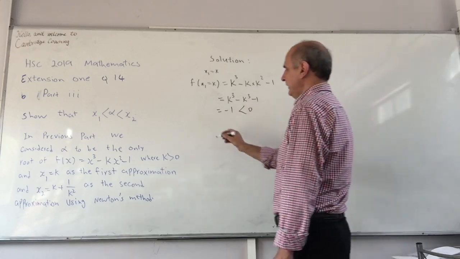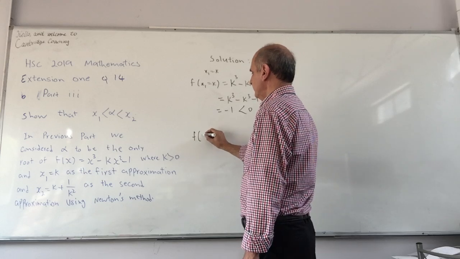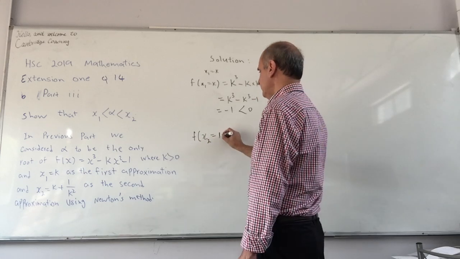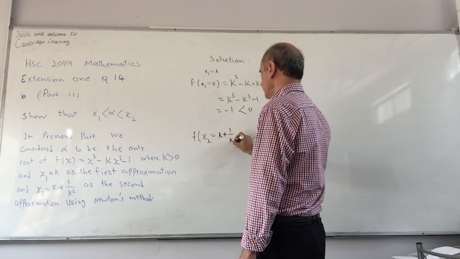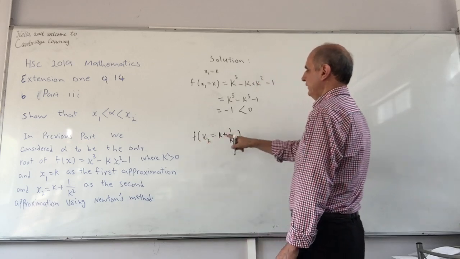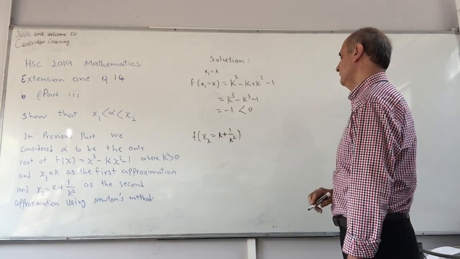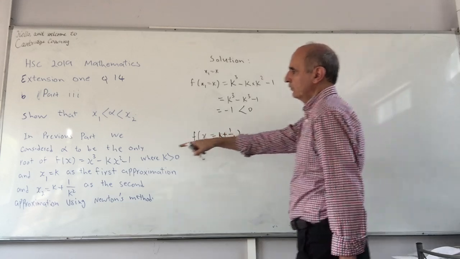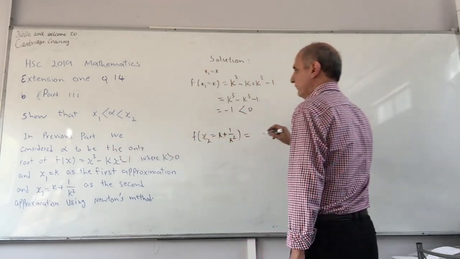Now we do the same for x2. f of x2, and x2 is nothing but k plus 1 on k squared. So I'm trying to find f of k plus 1 on k squared. Again, sub in the original function for f of x.